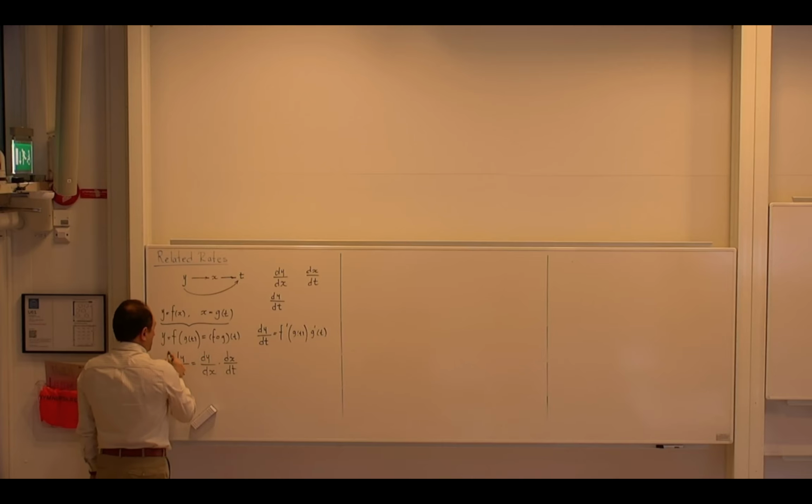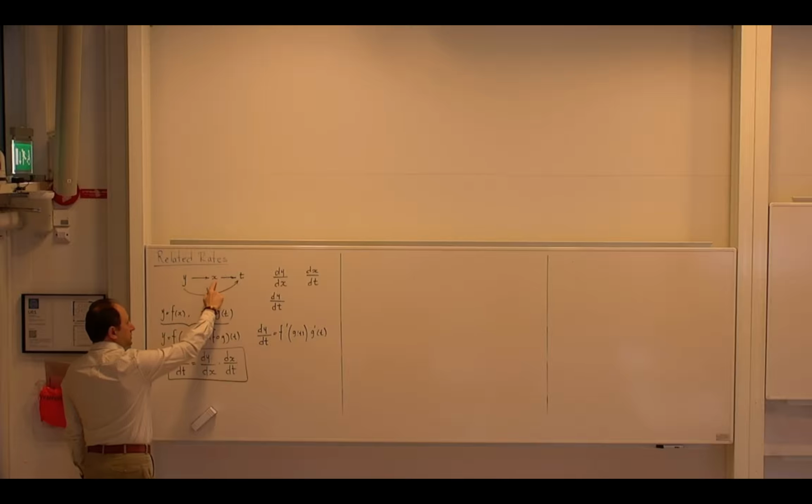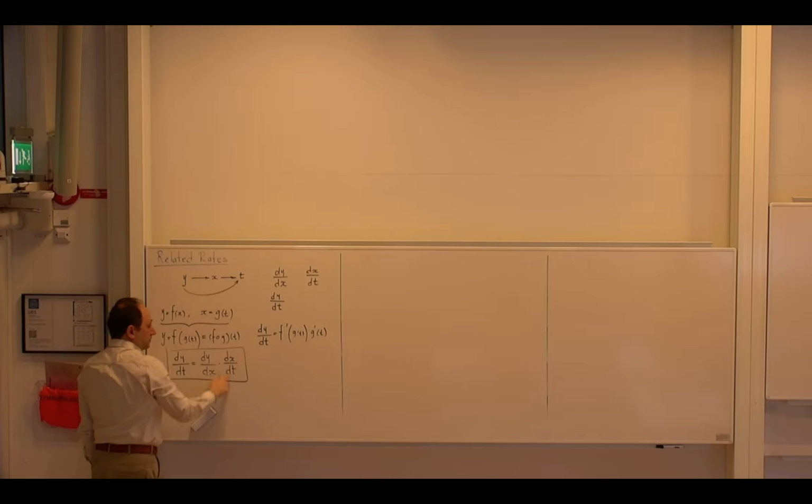So this is actually a simplified version of the chain rule. So if I want to calculate the derivative of this variable with respect to the last variable, I can take the derivative of y with respect to the intermediate variable, but I have to remember to multiply by the derivative of the intermediate variable with respect to the last variable.